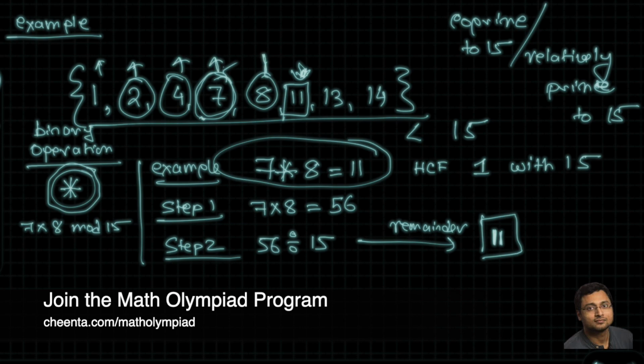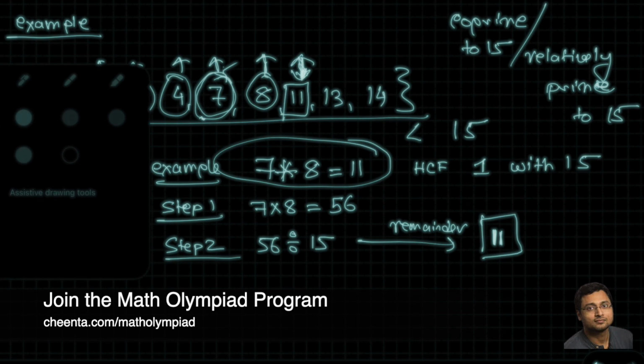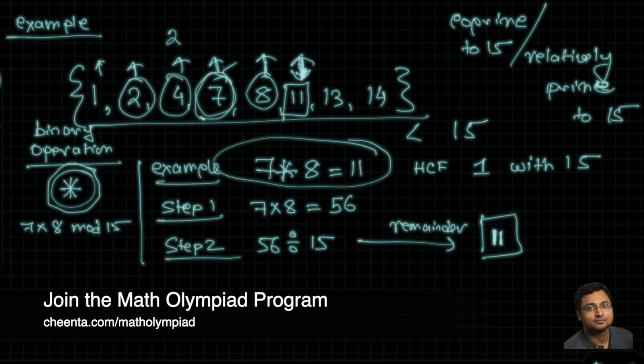I just computed that the order of 4 is 2, order of 11 is 2. What is the order of 1? Well, if you raise 1 to the power 1, you get 1. So the order is 1. What is the order of 14? You can check the order of 14 is 2 as well.